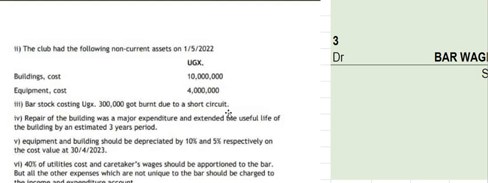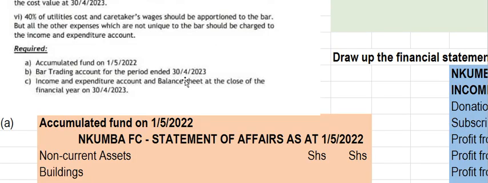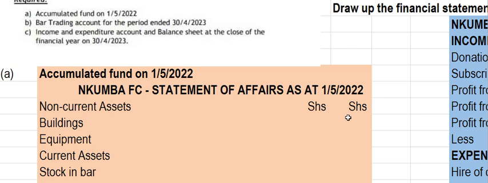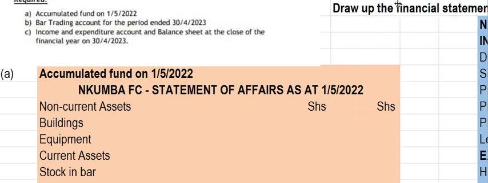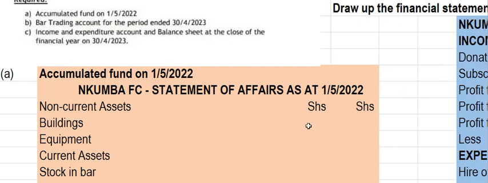So the club had non-current assets, the building and equipment as at the start, and these are the cost values for those non-current assets. So I'm going to get the assets minus the liabilities, then we shall be able to arrive at the accumulated fund of this football club.